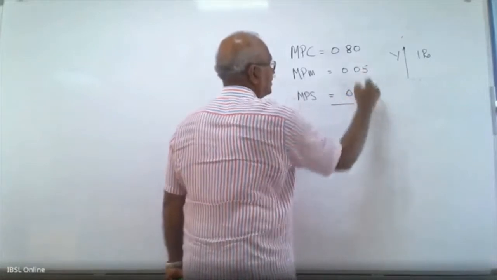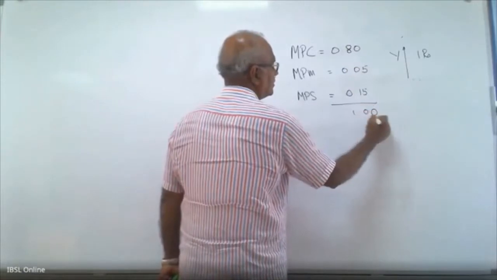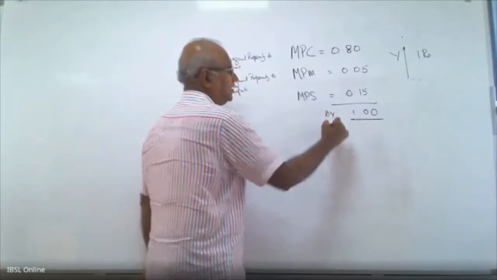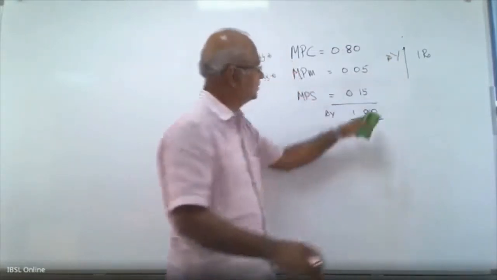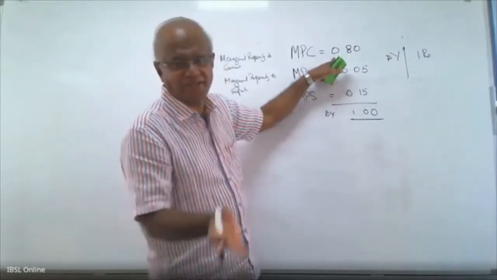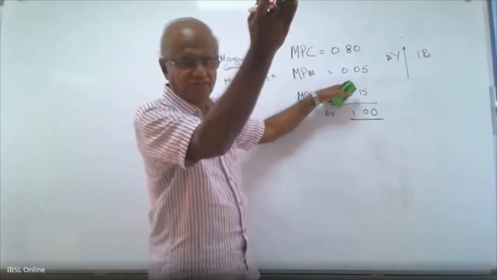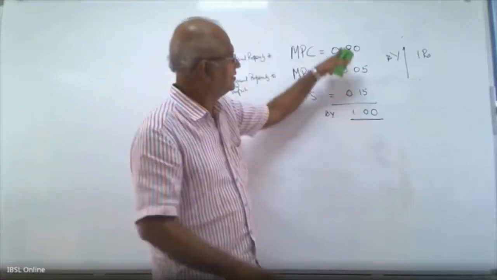Balance is what? Delta Y is change in income. Income increased by 1 rupee. This is how we distribute. Consumption increased by 80 cents. Imports increased by 5 cents. Savings increased by 15 cents.